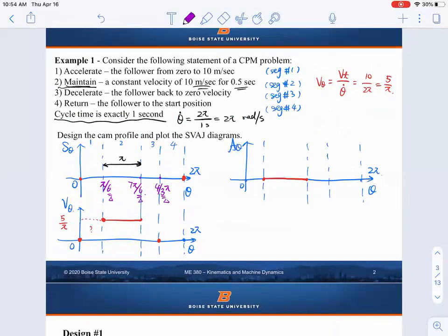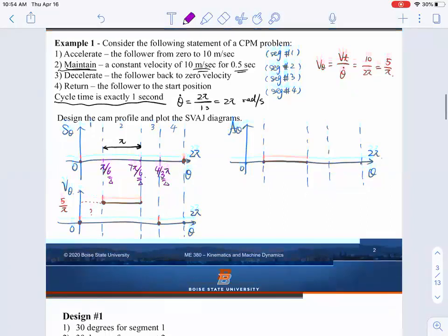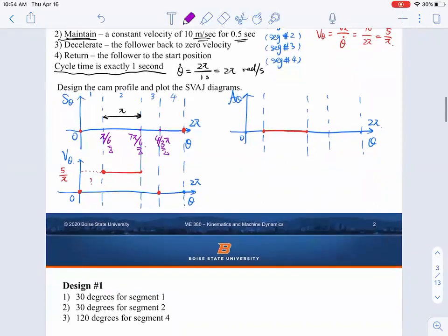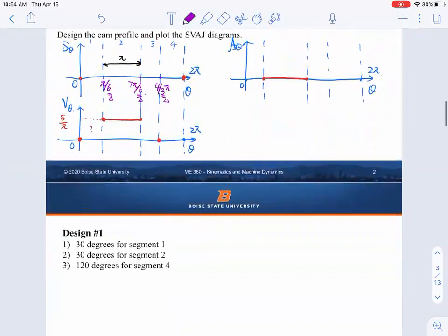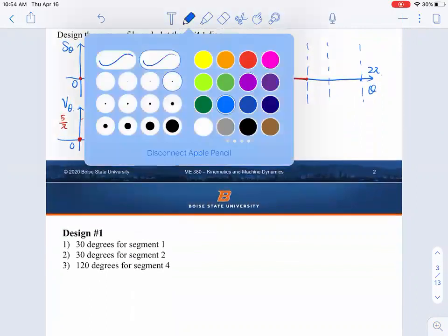But then you're just doing the cam design thousands of times and picking the one that you want. So you can use MATLAB to help you do this automatically. But here we just use one example, which are the purple values. Once we give this information to the design, then we can focus on each segment, right?